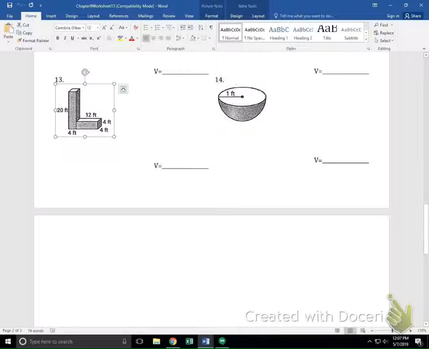The volume formula is b times h. Okay, so let's do the small one right here first. We know this is a distance of 12, and this is a distance of 4. So our area of our base is going to be 12 feet times 4 feet, which is 48. Okay, and then we have a height there of?